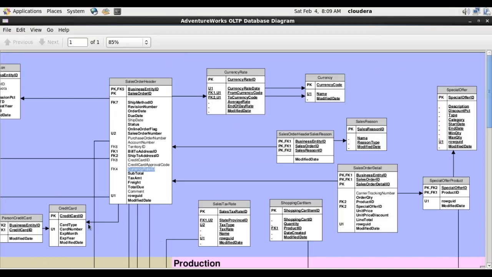Then you get the exchange rate. Because the store in Australia, for instance, could be selling using Australian dollars. Yes, they should be selling using Australian dollars. The store in the UK will be selling using the pound, and the one in the US will be selling using US dollars. I must normalize the data to bring them to a single currency and use the currency rate.